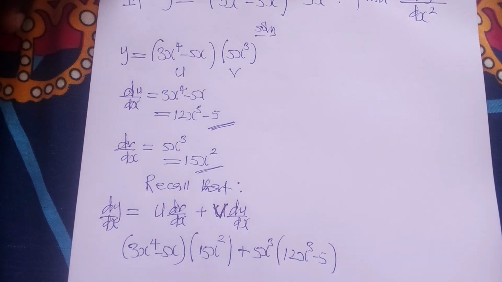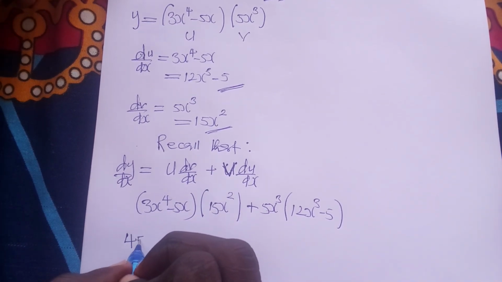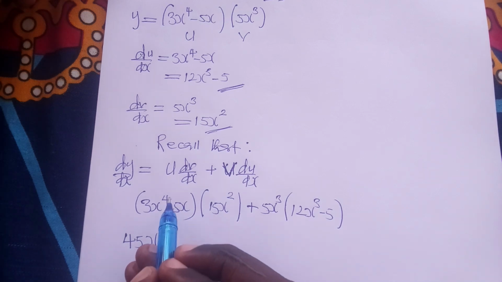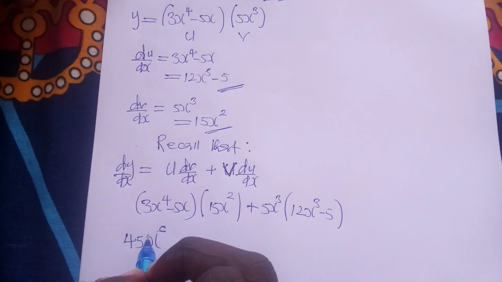Now after substituting, what are we to do here? We multiply. Now let's try to multiply and see. Okay, now 3x raised to the power 4 times 15x raised to the power 2, this one giving you 45. We know 3 times 15 giving you 45. This becomes 45x raised to the power 6, x raised to the power 4, x raised to the power 2 giving you x raised to the power 6.